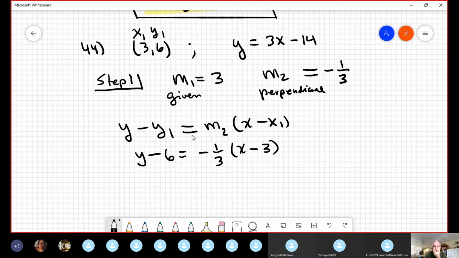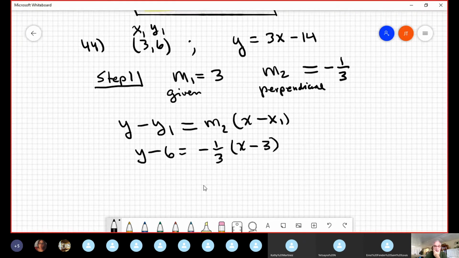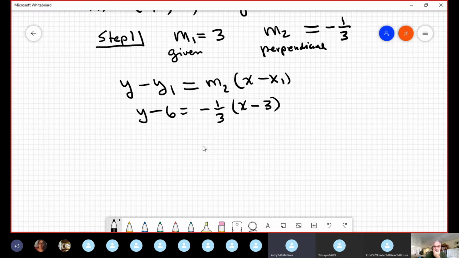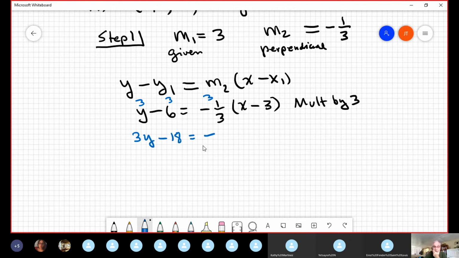In that moment, what should I do? There are many ways to solve that. However, what is the best way? Multiply by 3. Excellent. The idea is to eliminate the fraction. We have 3y minus 18 is equal to negative, because this 3 is cancelled, I stay only with negative 1, and negative 1 is invisible.